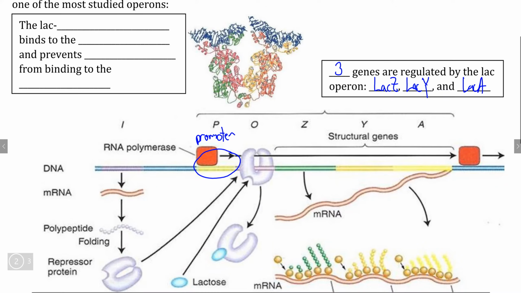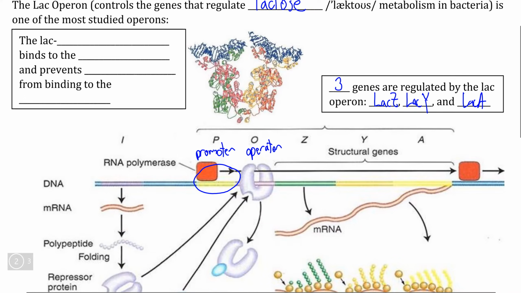Now, the characteristic regulatory sequence of operons, however, is of course the operator, and the operator is the location that repressor proteins or any transcription factor will bind.